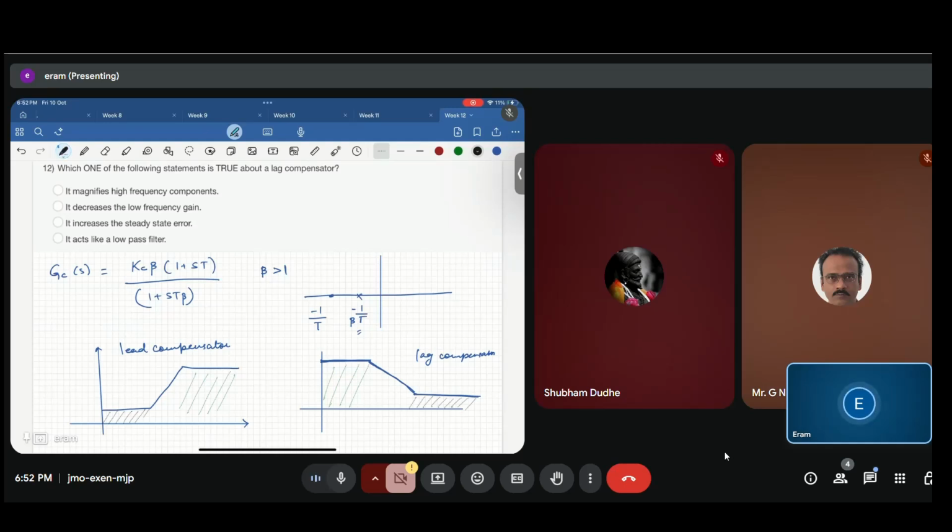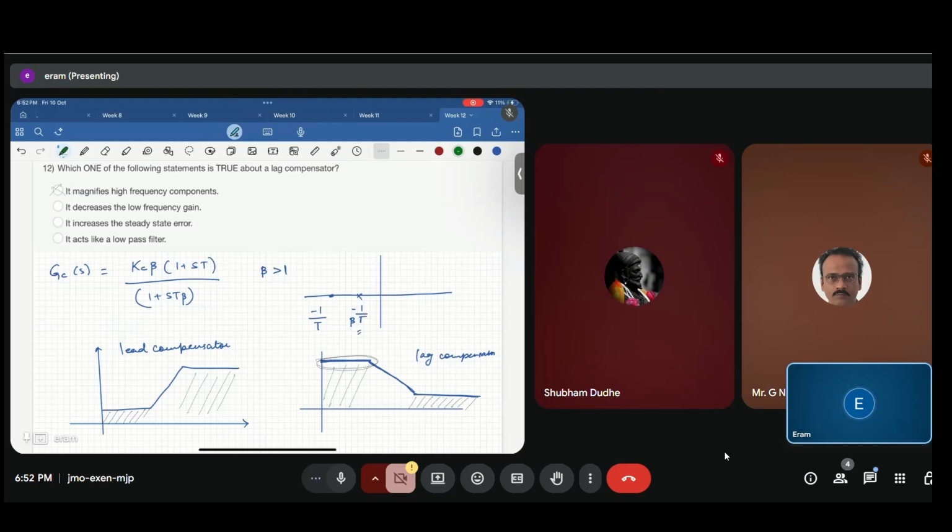So for the lag compensator, which frequency component is it going to magnify? Because we have a high magnitude, low frequency. Yes, this magnitude is higher and this covers the region of low frequency. Okay, so statement 1 is not correct because it says it magnifies the high frequency component, but here we are seeing that it magnifies the low frequency component.